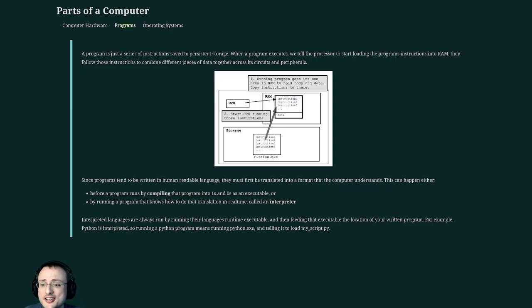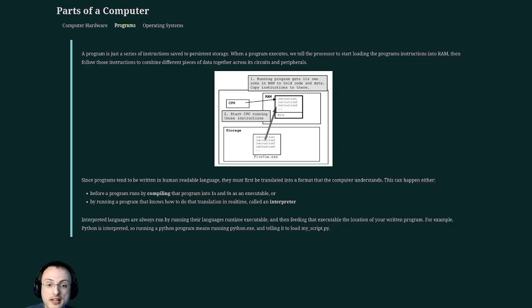The other alternative is, instead of translating your code and having that be what runs on the CPU, you can run a program that knows how to do that translation in real time, what's called an interpreter. So interpreted languages are always run by running their runtime executable and then feeding that the location of your program. As an example, Python is interpreted.